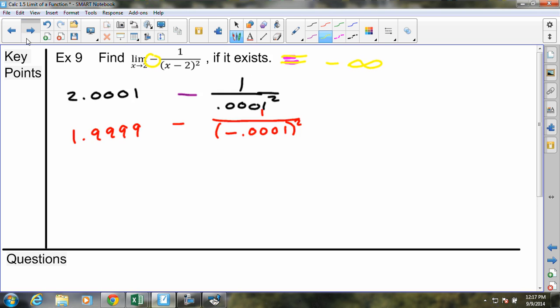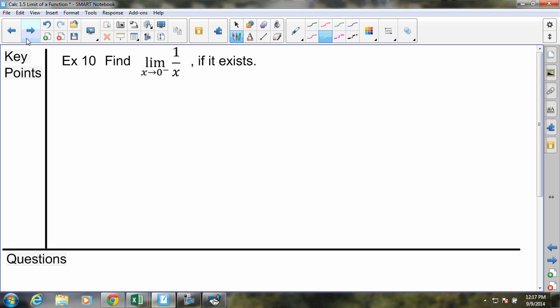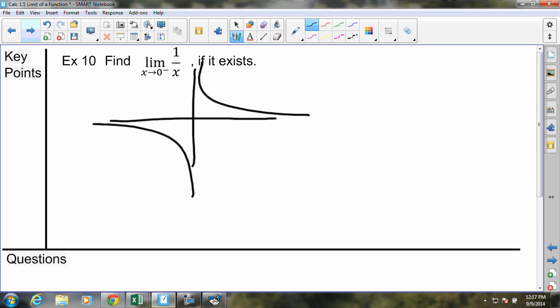What about this one? Find the limit of 1 over x as x approaches 0 from the left. Do you remember what this graph looks like? The graph of 1 over x has this structure to it, with my crappy sketching ability.